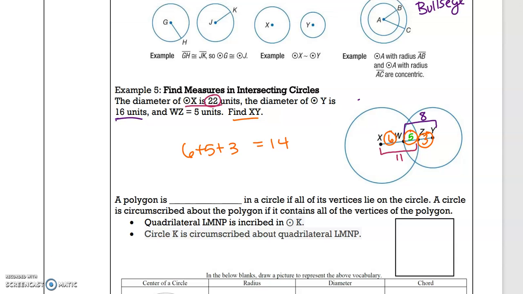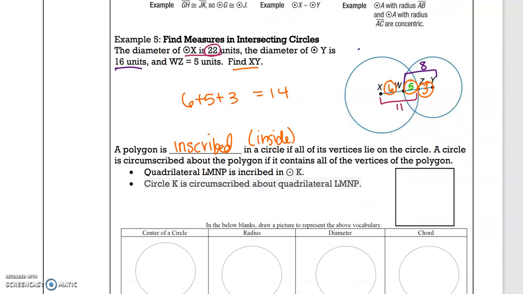And so now our last part here is a polygon is inscribed. Think inside when it's inscribed in a circle if all of its vertices lie on a circle.